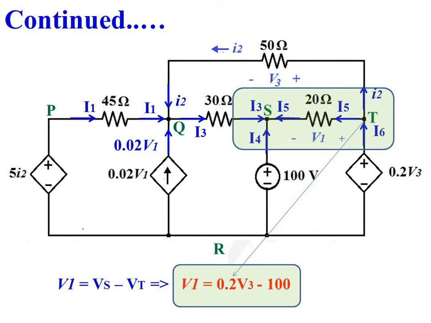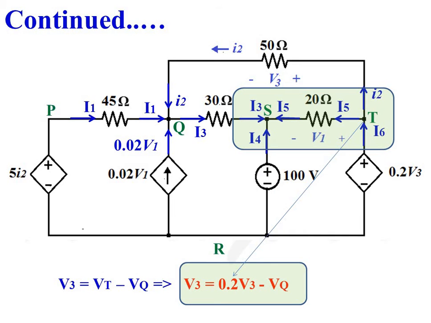V1 is equal to Vt minus Vs. Vt is equal to 0.2 V3 and Vs is equal to 100. Therefore, we can write V1 is equal to 0.2 V3 minus 100. V3 is the voltage drop across 50 ohms resistance, which is equal to Vt minus Vq.